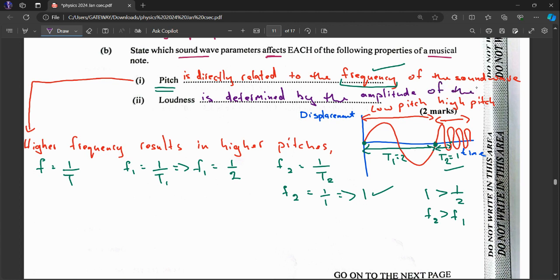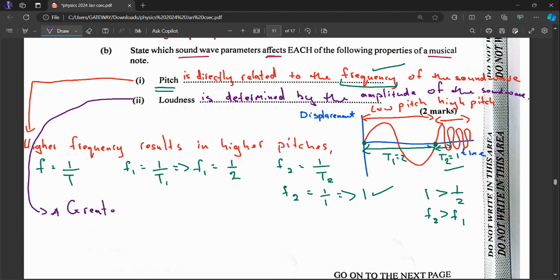So it's determined by the amplitude of the sound wave.